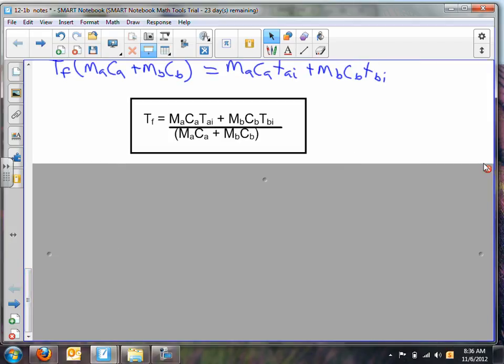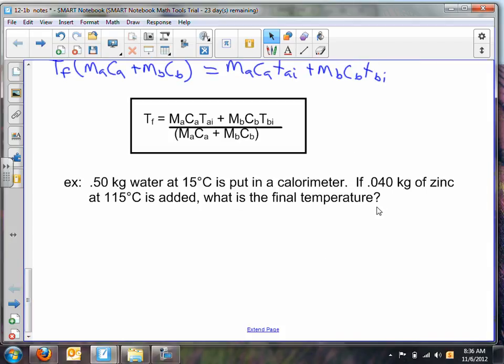So let's try an example of what this looks like. If I have half a kilogram of water at 15 degrees, and I put that in a calorimeter, and then I add 0.04 kilograms of zinc at 115 degrees, what's the final temperature?